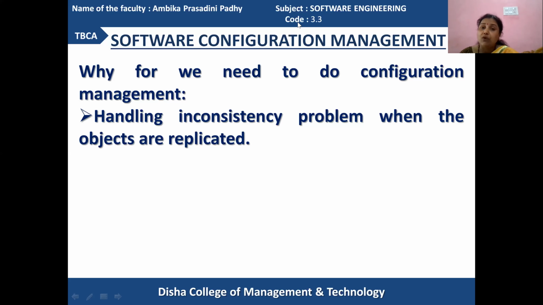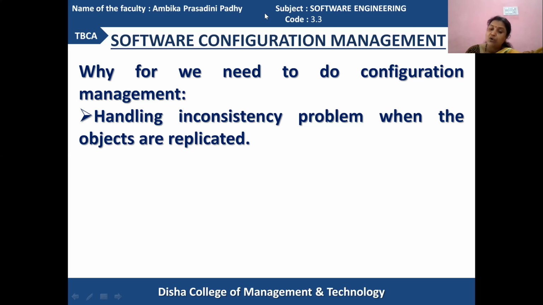When there are a number of copies of the same source code with each and every individual, and some individual wants to make some change in the system, then the changes made by a number of people with the same source code may create problems.